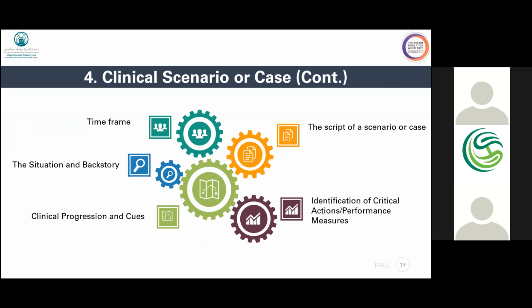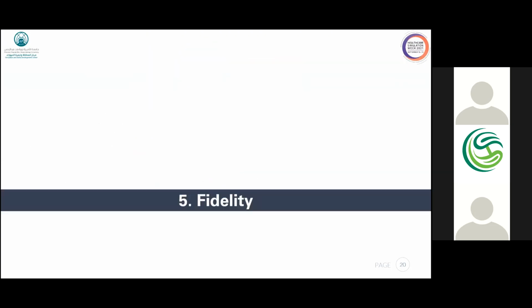The time frame is realistic, and the clinical progression and cues are plausible and can be applied and are realistic for the organization itself, for the setting. And the critical action or actions that will be assessed should be clearly stated. Of course, if there is a script for a standardized patient, it should be added too.